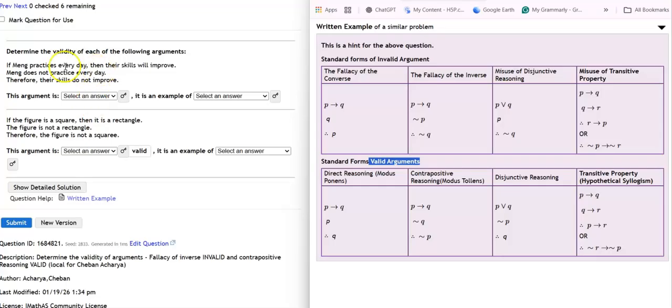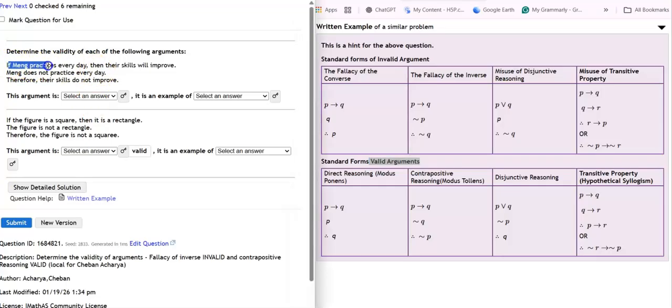The first argument has this first premise: if Meng practices every day, then skill will improve. Practice every day is one statement, skill improve is another statement. The second premise is: Meng does not practice every day.